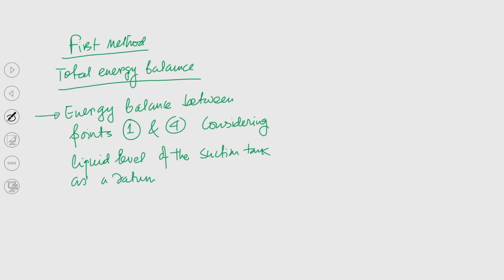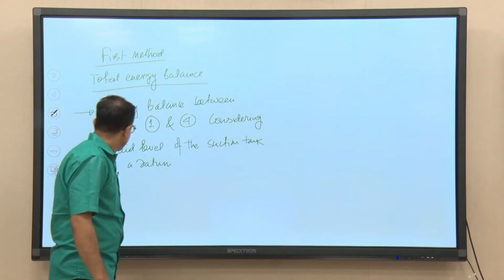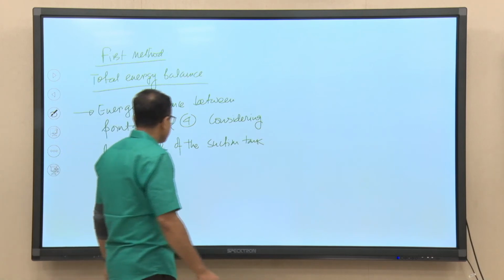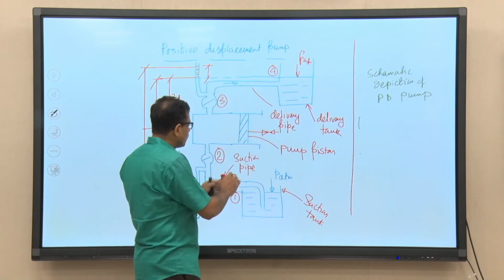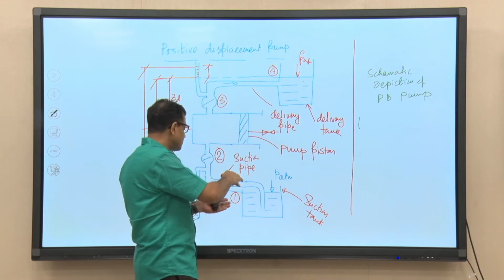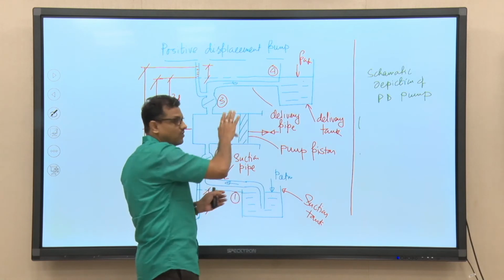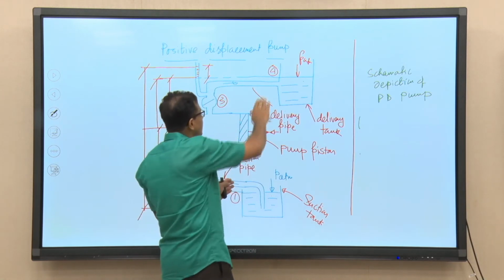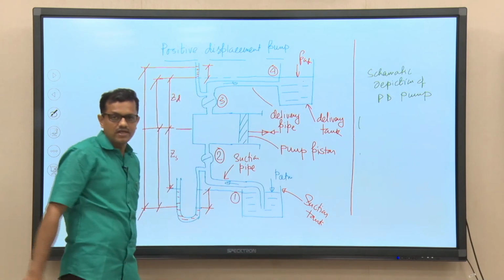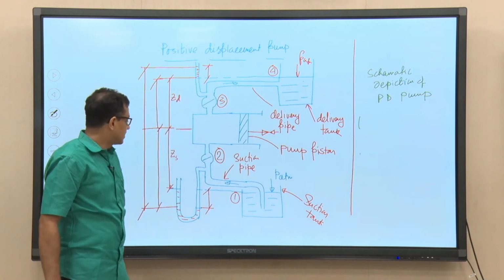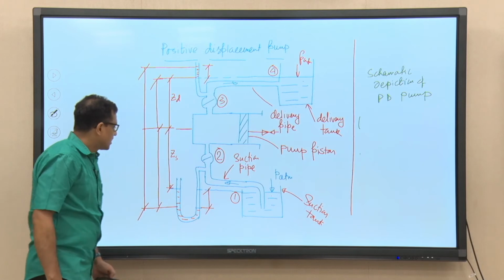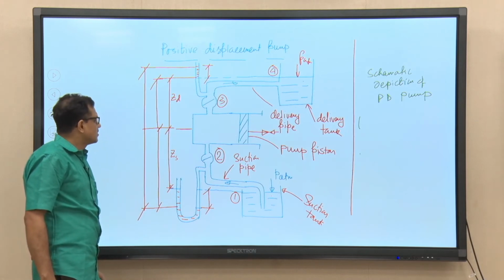I have written liquid level because it is not necessary that this pump will always be used to handle water. Any type of liquid can be handled. So, we are trying to have energy balance between points 1 and 4. Basically 1 is the suction tank and point 4 denotes the liquid level in the delivery tank.